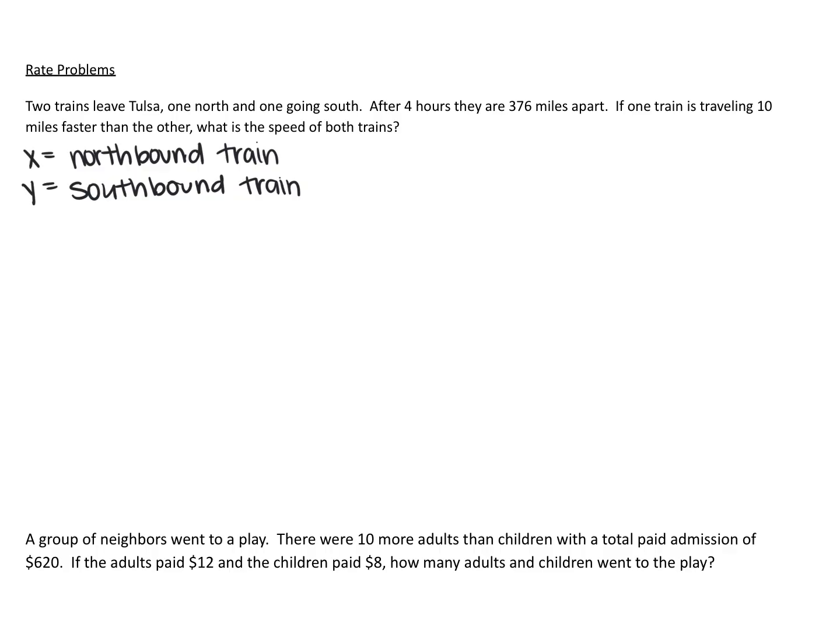So in order to get my first equation here, we are going to use the information that after 4 hours, the trains are 376 miles apart. There is a formula from science that tells us that the distance you travel is proportional to the speed at which you're traveling, r, multiplied by the time it takes you. So d equals rt. So we're going to use that to get our first equation.